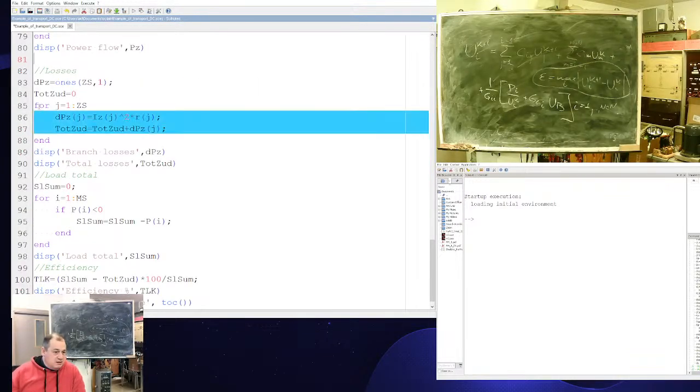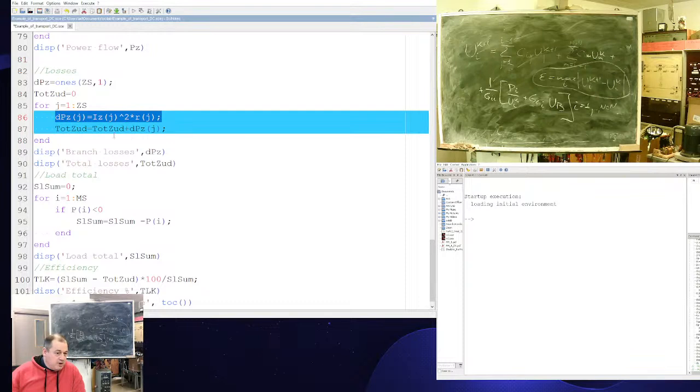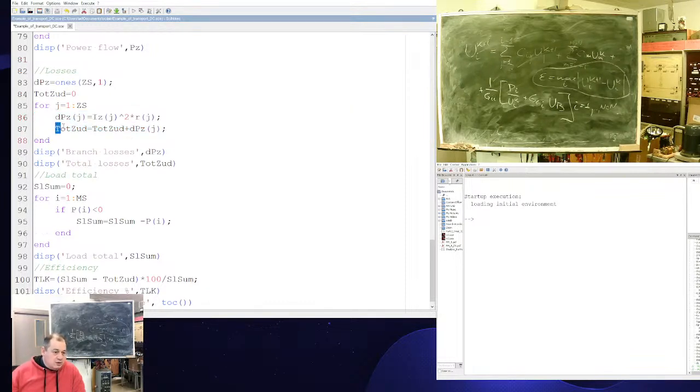Losses. Here, with one cycle, I calculate each branch's losses, and also this will present total power loss. Zud, it's a Latvian word, zudumi; in English it's losses.